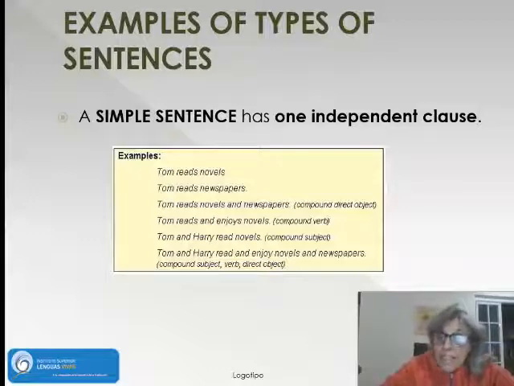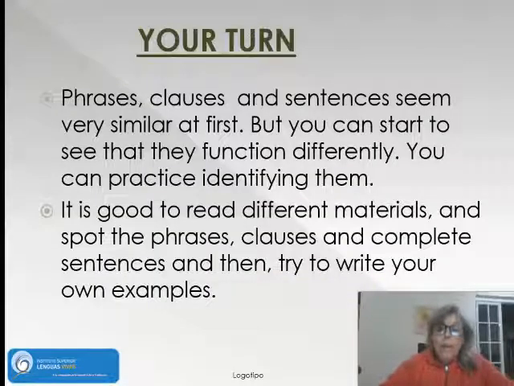Tom and Harry read and enjoy novels and newspapers. Between brackets, there is an explanation. Yes, if you have a compound, more than one direct object. Of course, this is a quick introduction to the topic. However, pay attention. We are going to do some practice.